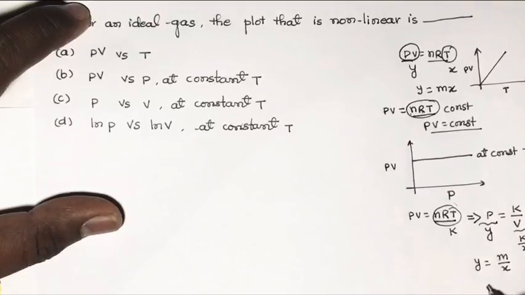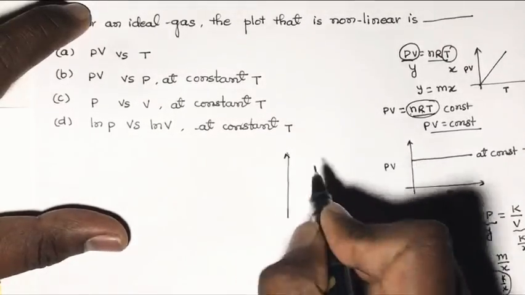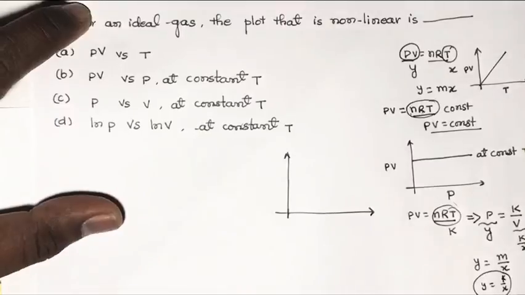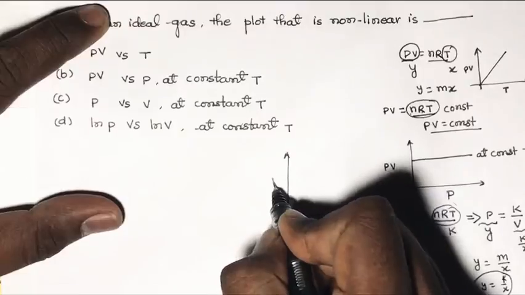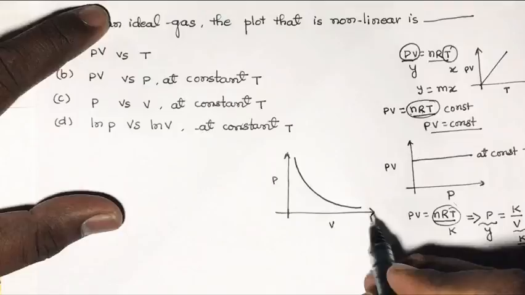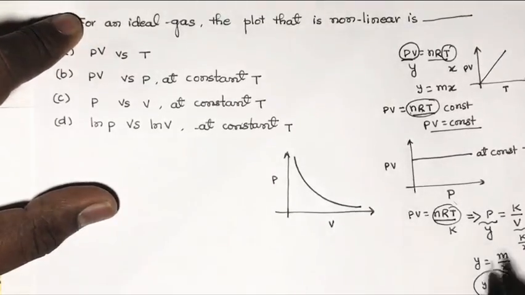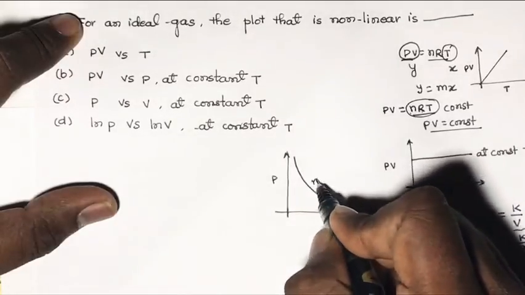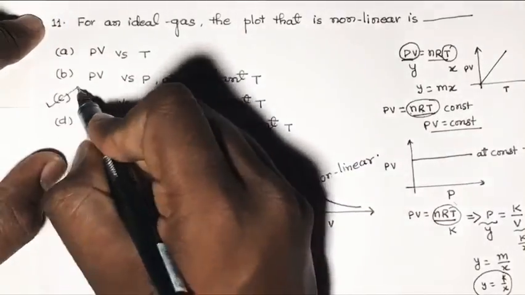So we know that Y equals 1 by X, or K by X. This graph is a rectangular hyperbola, and you might have learned this in graphs. So this is P versus V at constant temperature. This will be a rectangular hyperbola. It will not cut the axis, the axes will be asymptotes, and this will be non-linear. So the correct option is C.